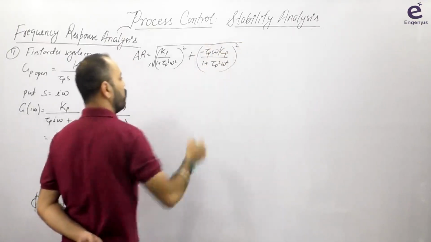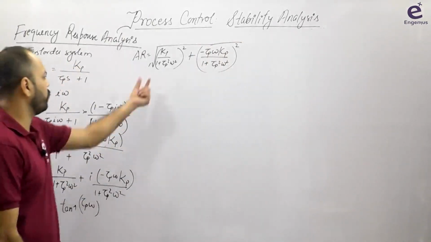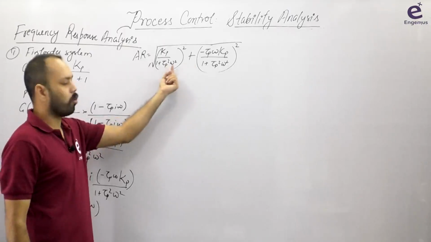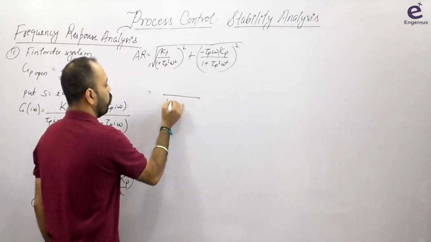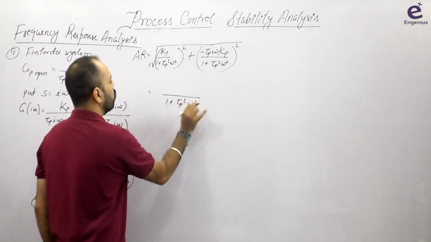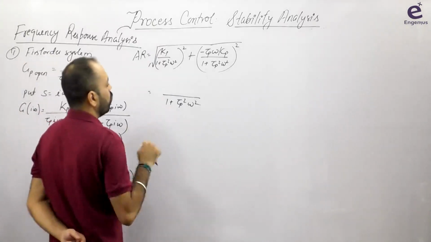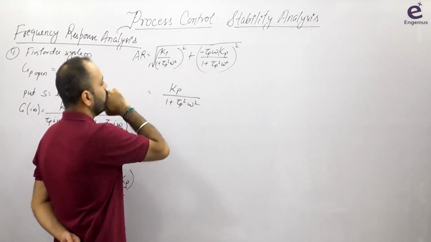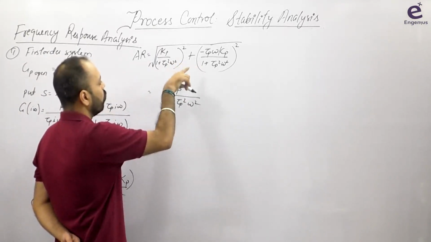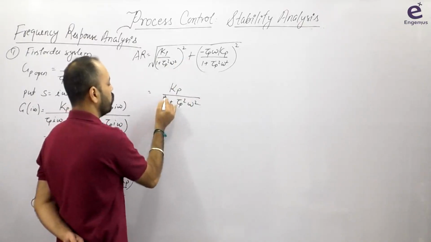Real part square, imaginary part square. Okay? What can be taken out? 1 plus tau p square omega square, whole square, can be taken out. What else? Kp square can be taken out. In the numerator also there will be 1 plus tau p square omega square, and that will be cancelled here, so there will be a square root.